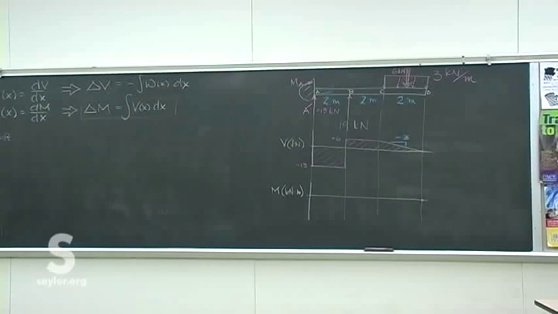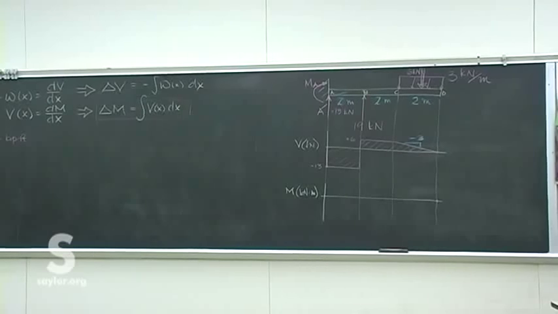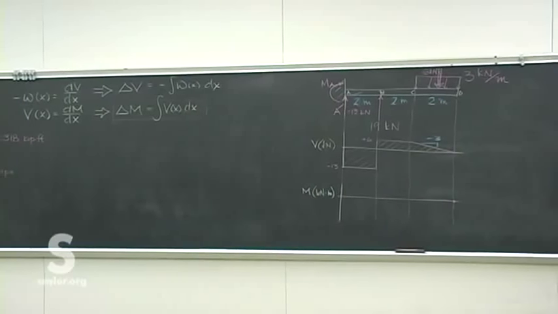No applied moments, so there's no jumps in the moment curve anywhere. There's breaks in the slope, discontinuities in the slope, but not any discontinuities in the line itself. There's no applied moments.